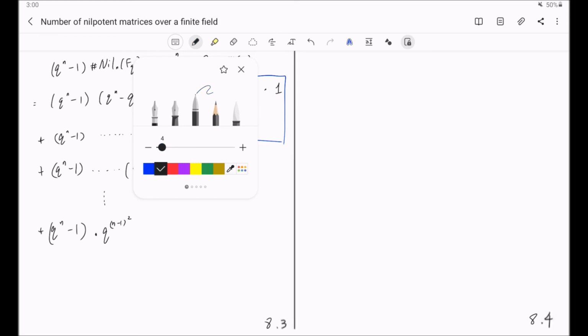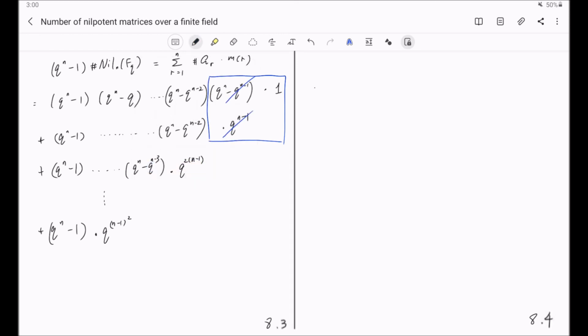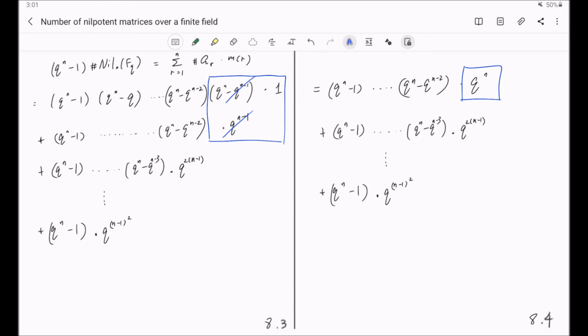So the first two terms in this sum, when added up, will be equal to this term. So this part comes from the blue box on the left. And now we copy everything else down in here.